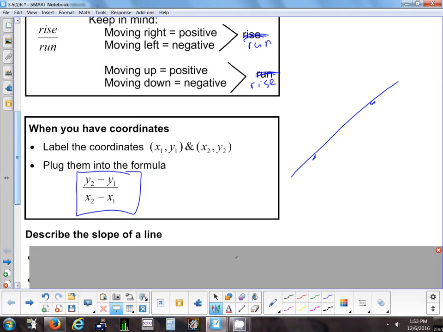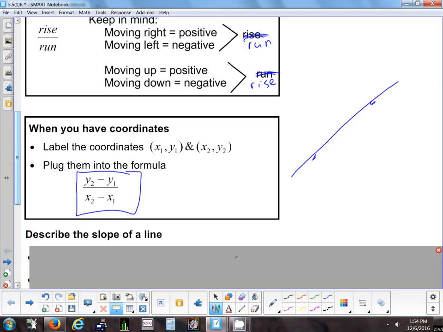As long as wherever you put first has to be first in both of them. So if you're using the first y here, you better use the first x here. You can't use the first y coordinate here, then use the second x coordinate here. If you're going to do it one way on the top, you're going to do it the same way on the bottom. I think you can do it a lot of different ways, but as long as you're consistent, that's the only way it's going to work.